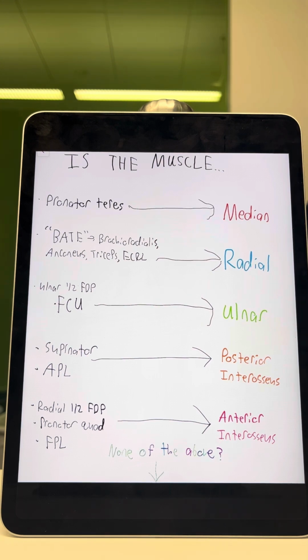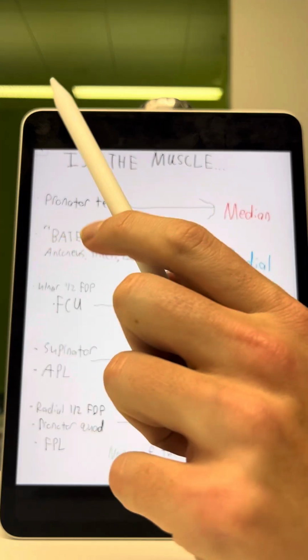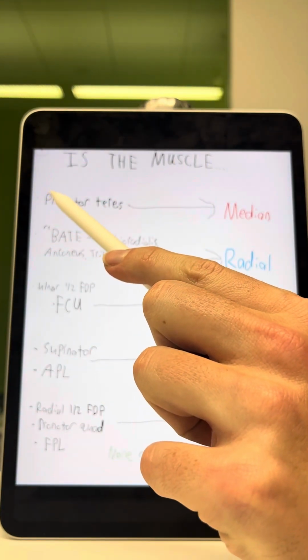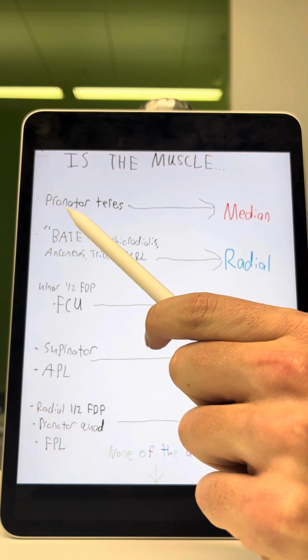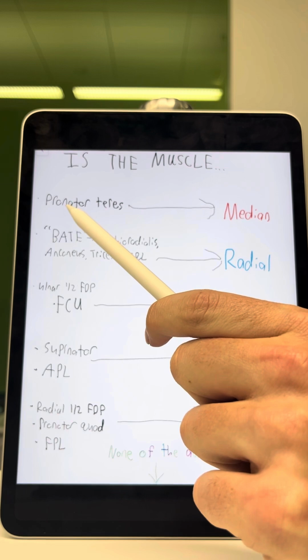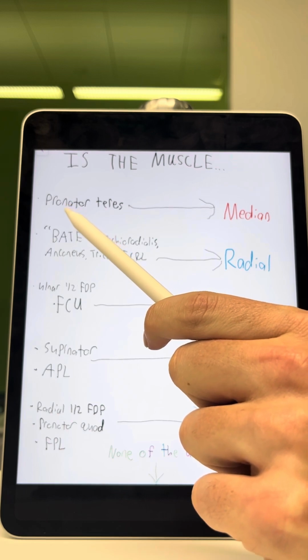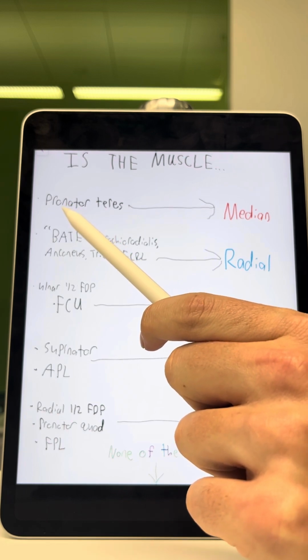So for the median nerve, if you can remember that it's innervated by the pronator teres, then that's the only individual muscle that you have to know is innervated just by the median nerve.